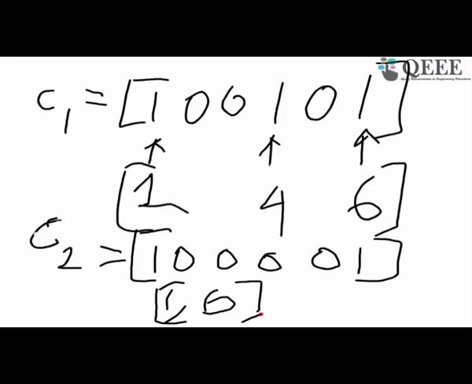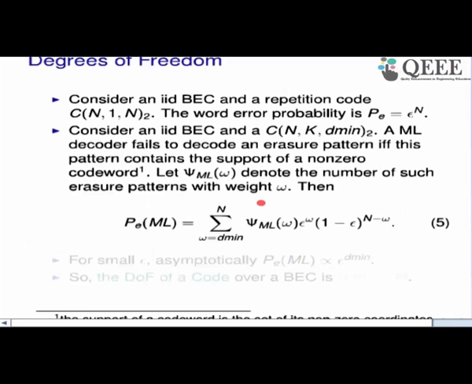Now you see that this support vector is a subset of the previous code word's. So what will happen? Suppose the fourth bit is in error, so what you have received is that the fourth bit is basically erased. So you have an erasure in the fourth bit. Now among the two code words, which one can you decide? In such a case, you cannot decode. That's the statement that is being made: an ML decoder fails to decode an erasure pattern if this pattern contains the support of a non-zero code word.